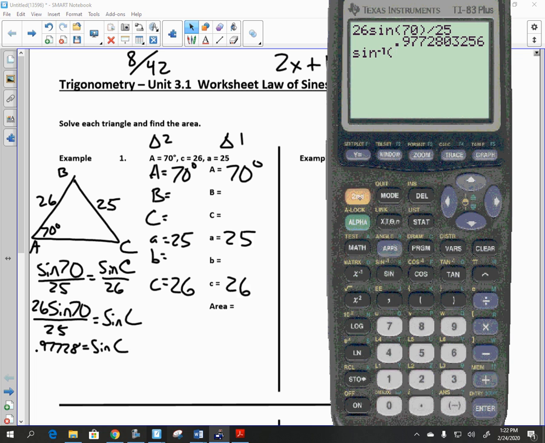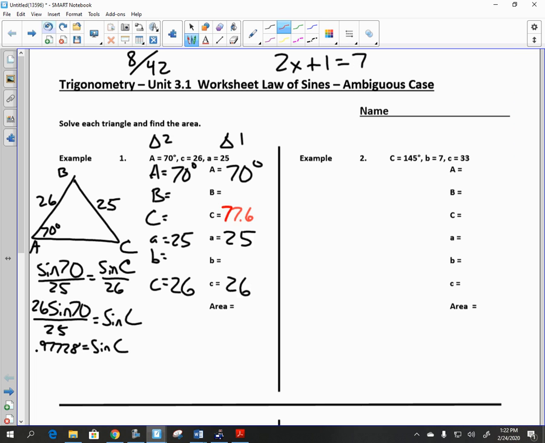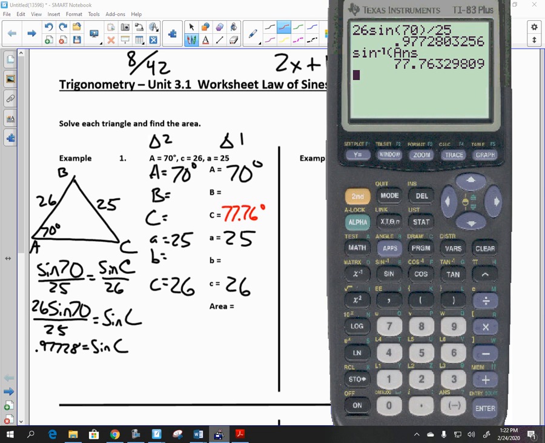Sine inverse of the answer, and you get, is that the acute or obtuse one? Acute. 77.76 degrees. The other triangle has an obtuse angle.